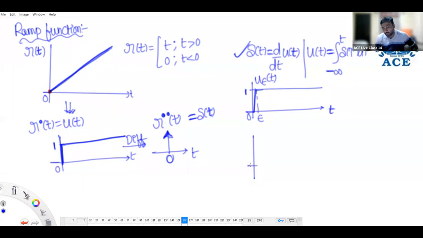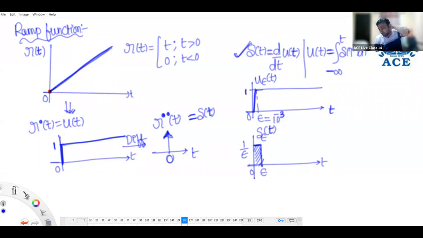So the 0 to epsilon portion roughly looks like a ramp. 0 to epsilon is very small, 10 power minus 3, negligible. If you differentiate this 0 to epsilon ramp segment, you get a constant. This is the physical form of the impulse. As epsilon is a negligible number, we feel it is a correct formula.